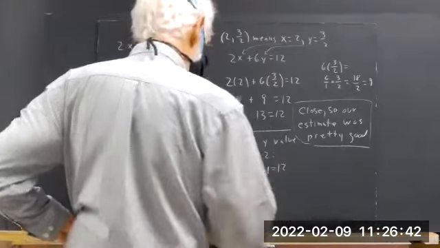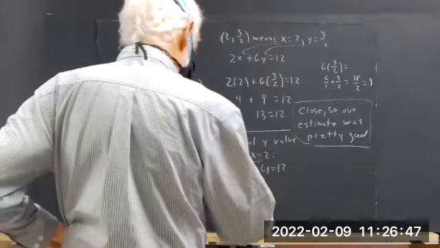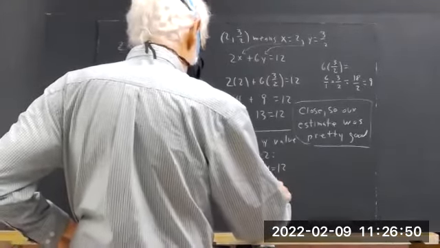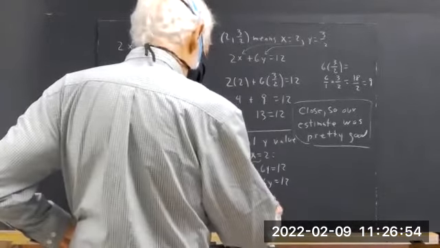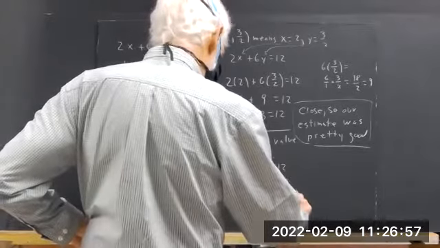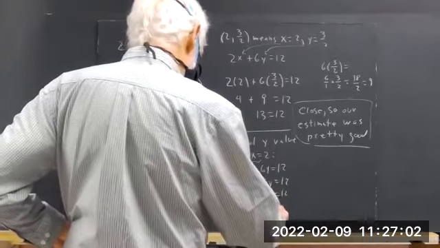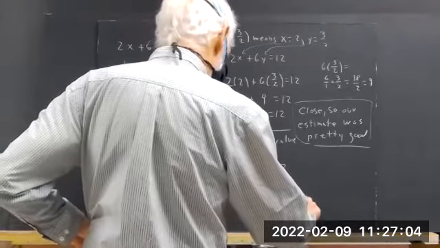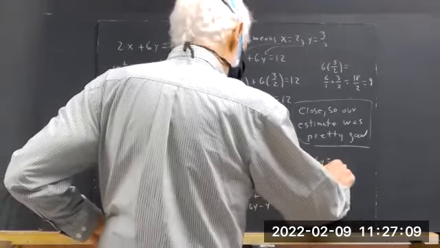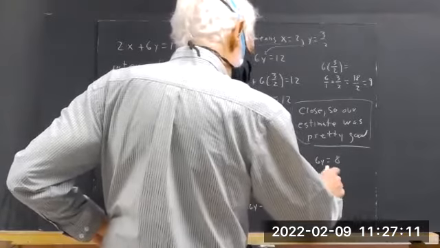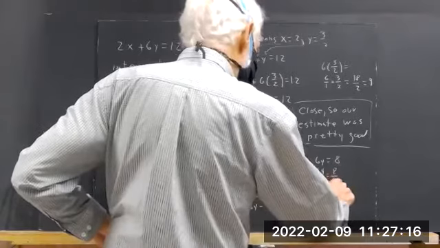If you substitute x equals 2 for x, and you get 2 times 2 plus 6y equals 12, which is 4 plus 6y equals 12. So 4 plus 6y minus 4 equals 12 minus 4. 6y equals 8. So it's 6y over 6 equals 8 over 6.